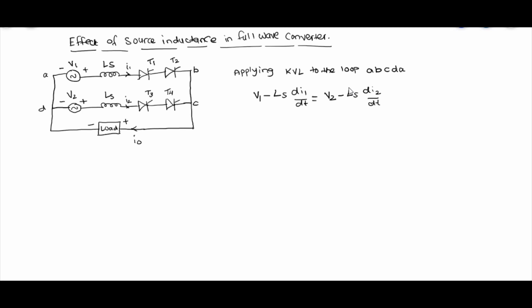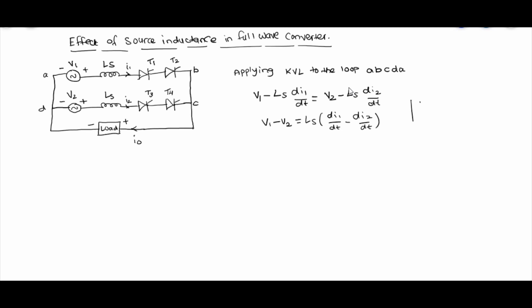Fine. And what will V1 minus V2 be? V1 minus V2 will be equal to Ls into di1 by dt minus di2 by dt.